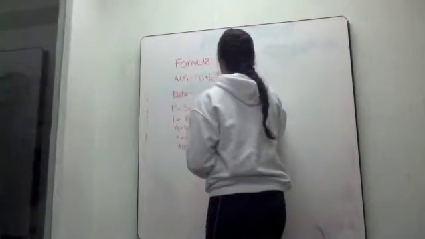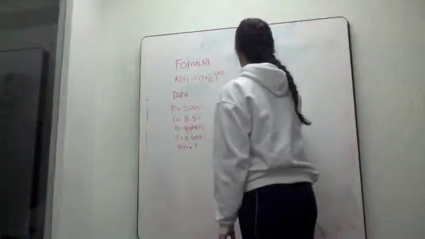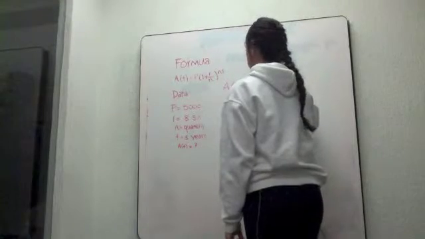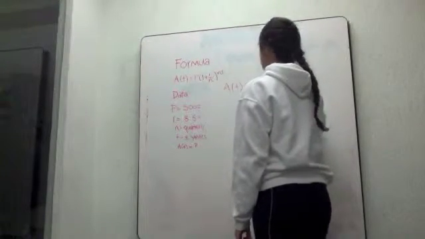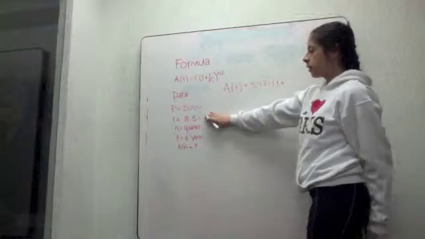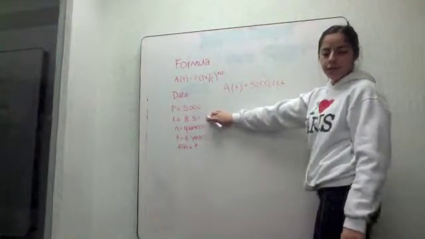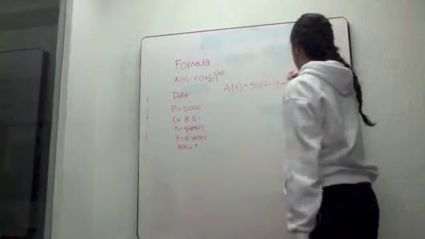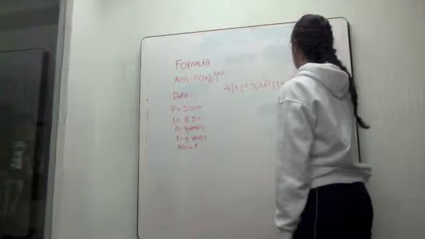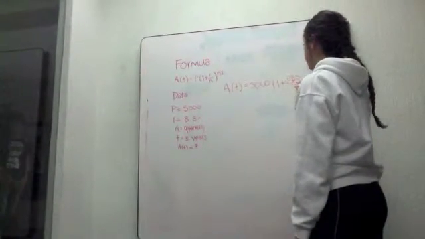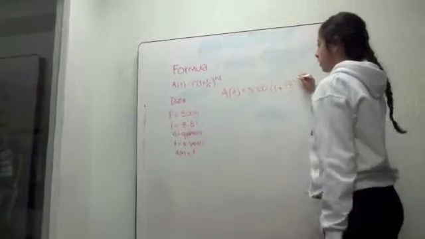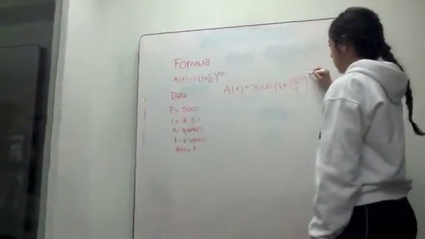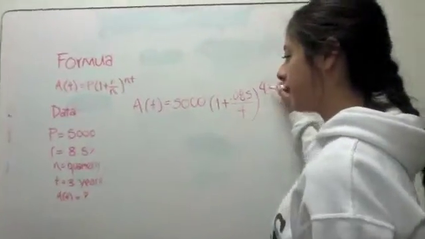A(t) equals 5,000 times (1 plus r, which is 0.085 because it is over 100, over 4, that is quarterly) to the 4 times 3.